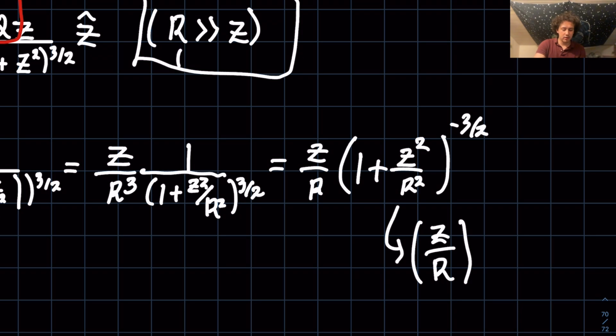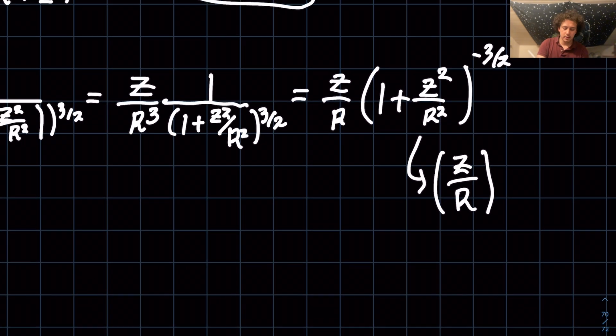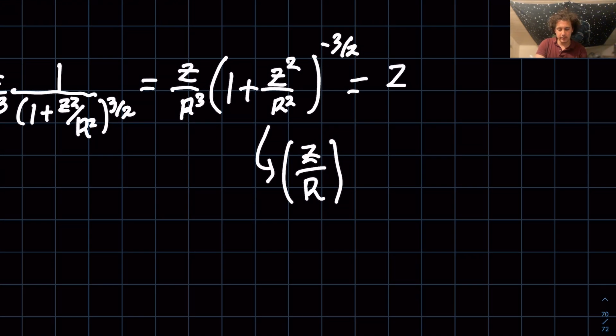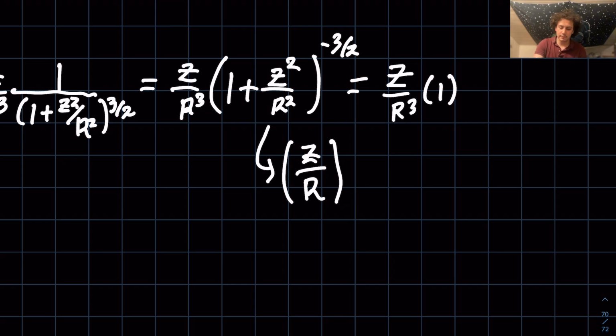Because if we divide by r, we get 1 is much, much greater than z divided by r, and a number much, much smaller than 1 squared is going to be functionally useless. So we can just say, oops, I forgot this cubed on this, that it is z over r cubed times 1, or just z over r cubed.